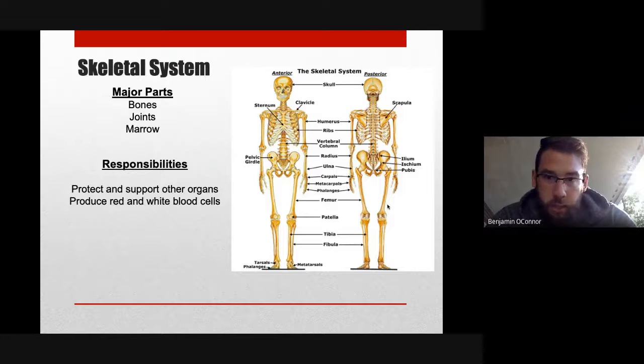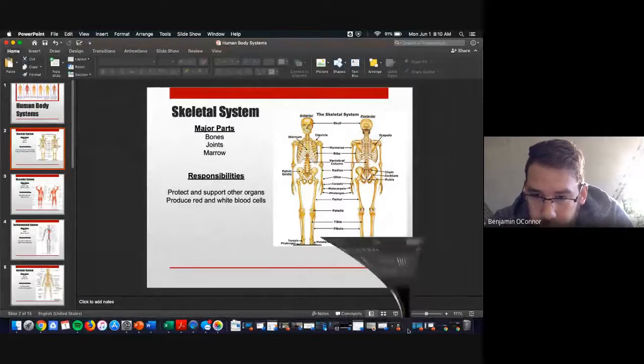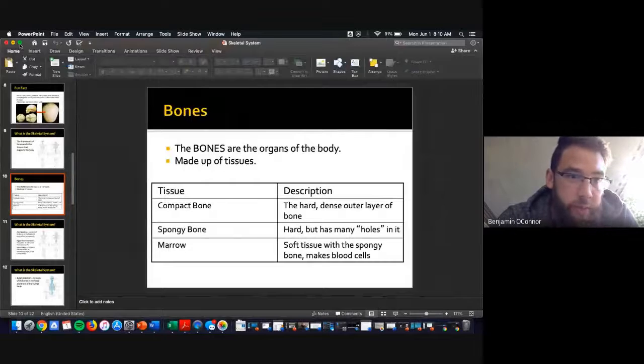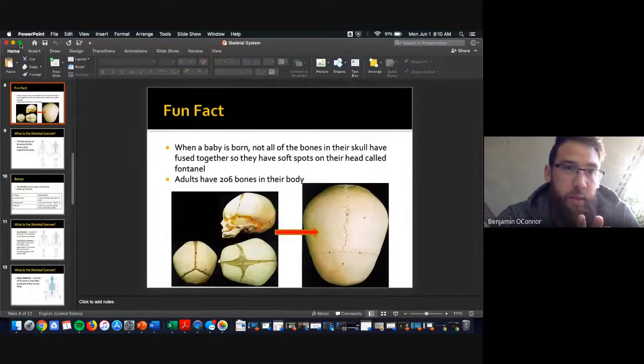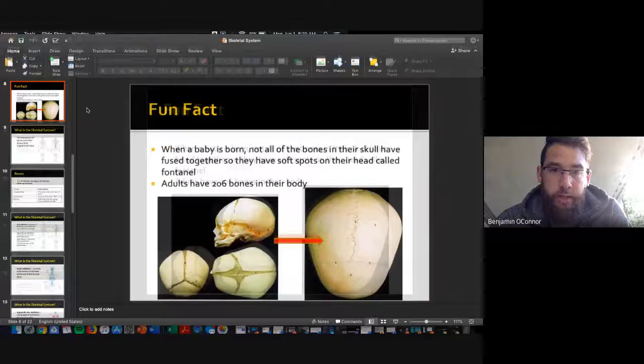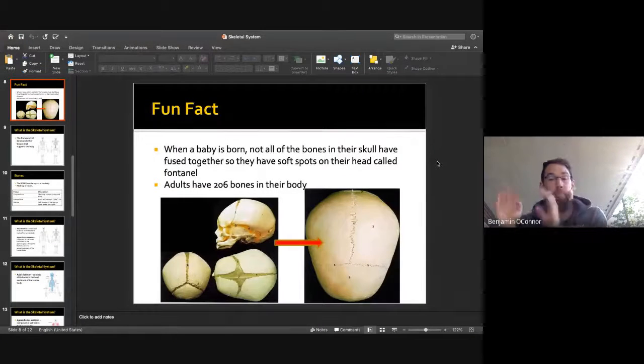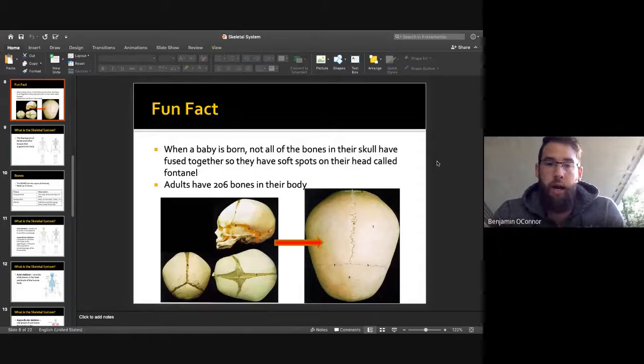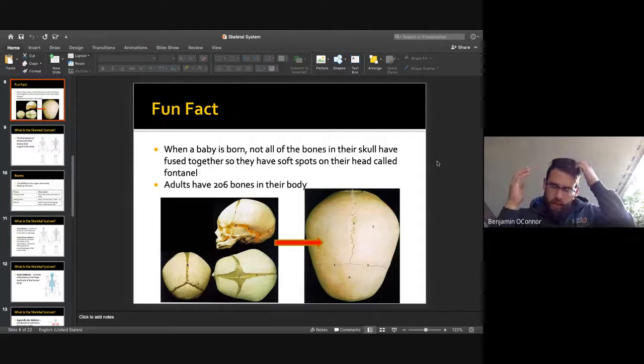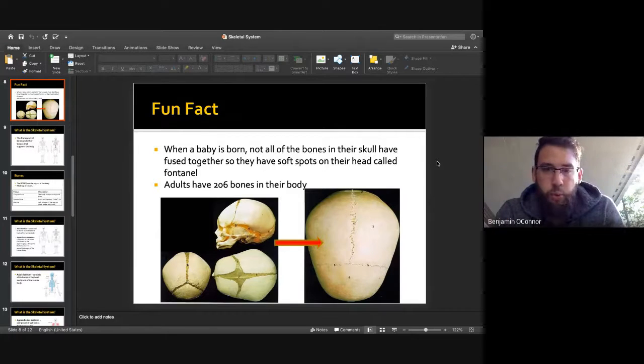And so I'm going to jump to a different PowerPoint very quickly, right? And so the human body has 206 bones in the adult body, right? And so when you are born, due to just a natural cause, all right, the bone structure of a newborn's head is not solid like an adult's.